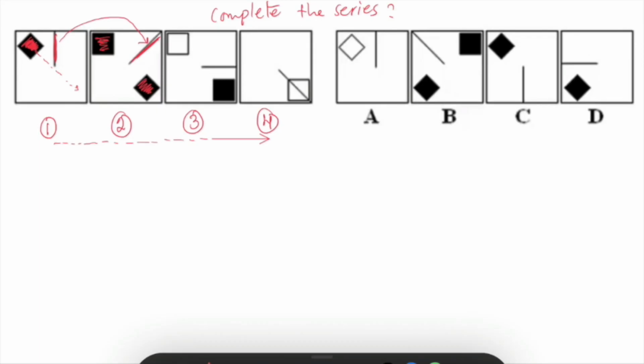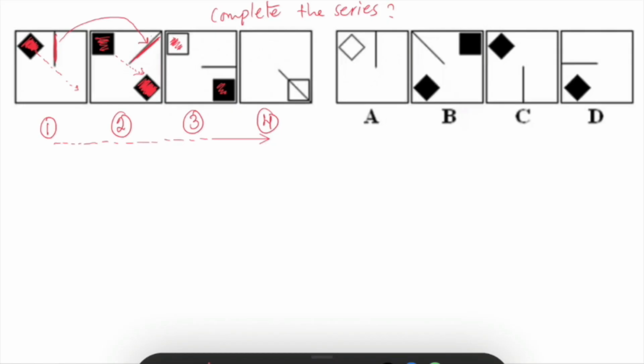We see pattern number 3, it's also the same big square. Now we can see that the smaller black square disappeared, and a black square moved from the upper left corner to the lower right corner here, with the appearance of a new white square in the upper left corner.